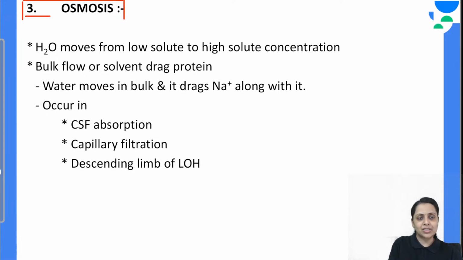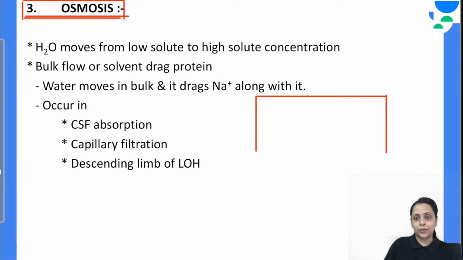Passive transport process is the osmosis. What happens in osmosis? See, this is the diagram. Suppose this is a chamber, and in this chamber there is a partition. This is a membranous partition, and this chamber has higher concentration, and this chamber has a lower concentration.